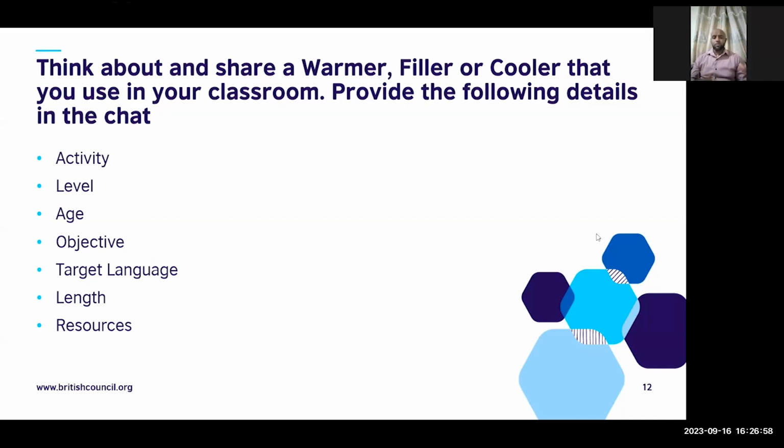Otherwise, mostly warmers are at the beginning of the session, so it would be ideal to use 5 to 7 minutes for coolers, I guess. You need a board and marker as a resource. Okay, Karen, if you write us more on the procedures, that would be great. Thank you for sharing that, though.